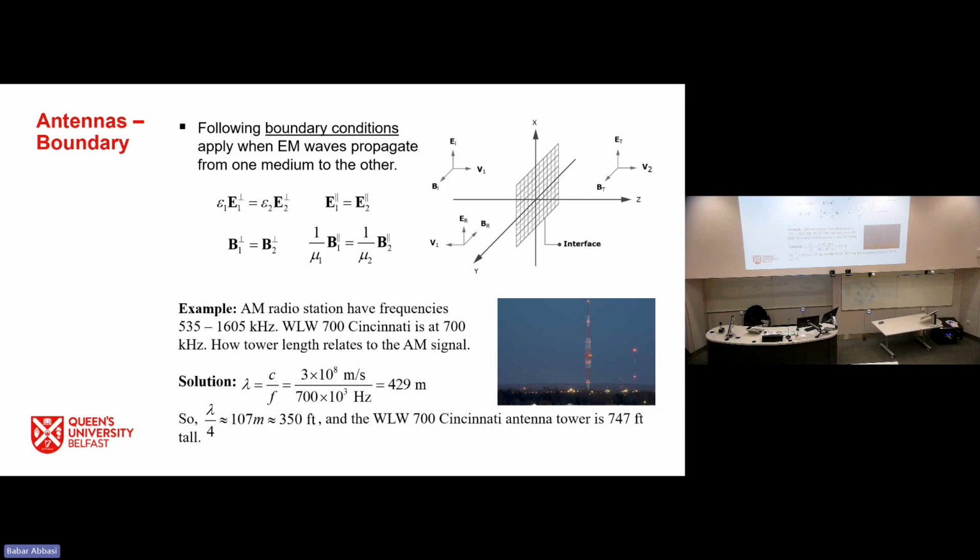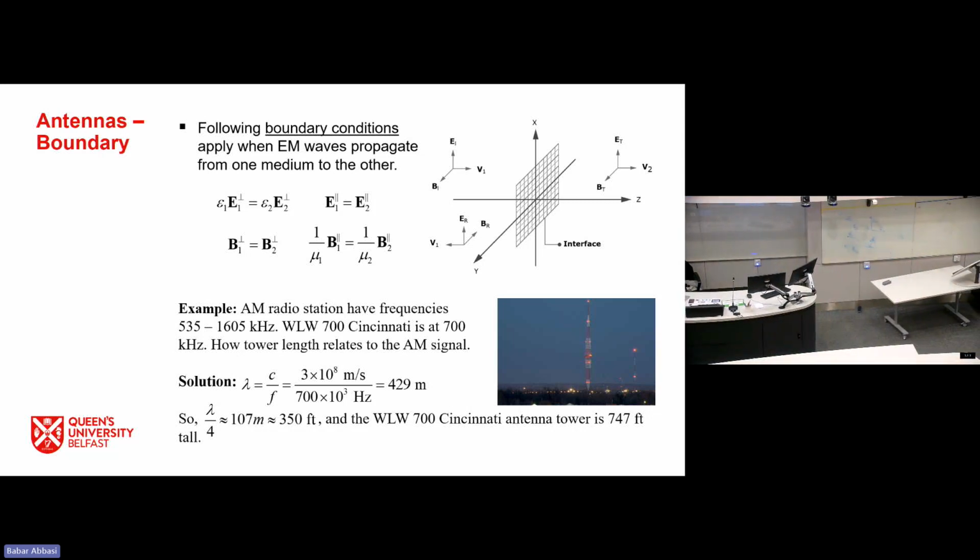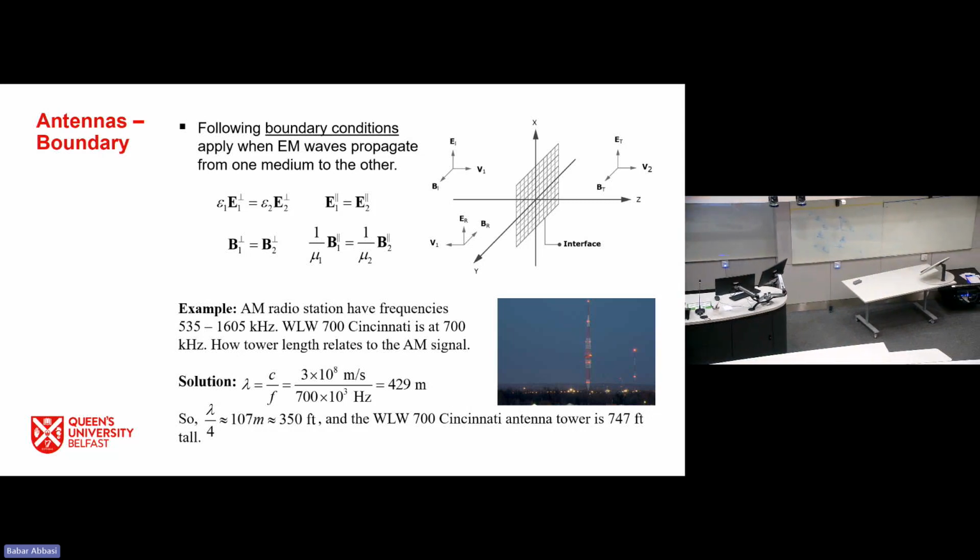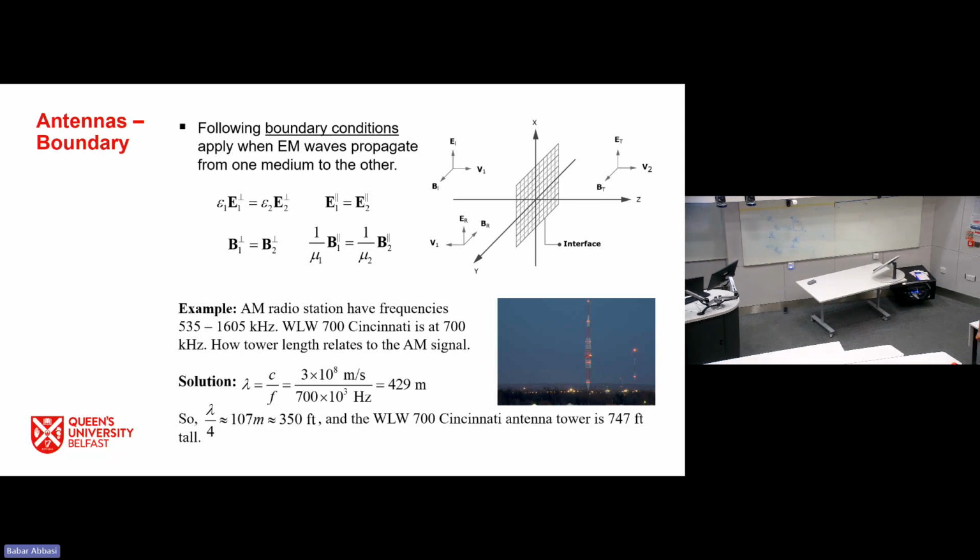So if we want to build a lambda by 4 monopole antenna to do the job of broadcasting electromagnetic energy in free space, then we can do that using this tower having lambda by 4 length, that is almost 107 meters. So this tower needs to be 107 meters long, needs to have a source connected to it, and that source needs to be operating at 710 kilohertz, and then this tower will radiate energy in free space.